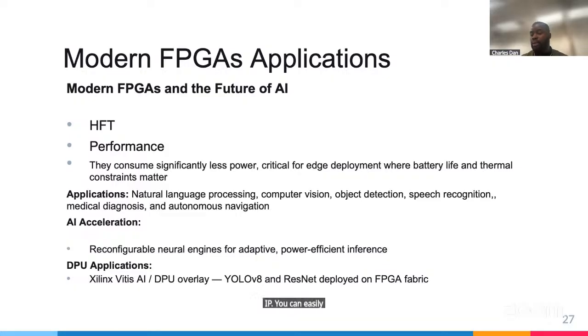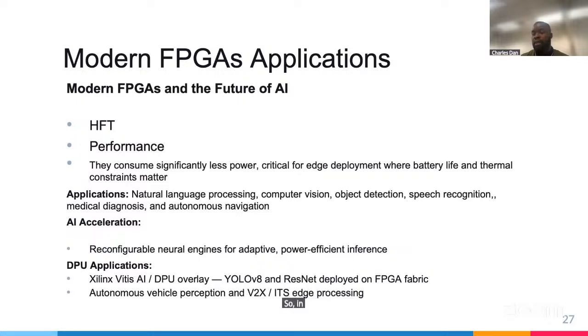You can easily train your own model and deploy it on the PL side, because you wouldn't want your application to just sit on the PS, since it moves very fast in the PL.